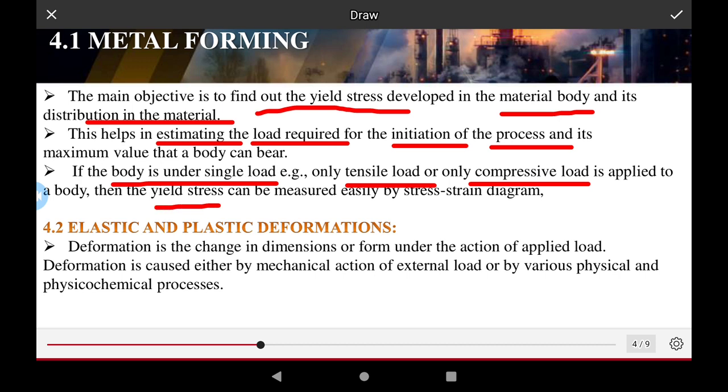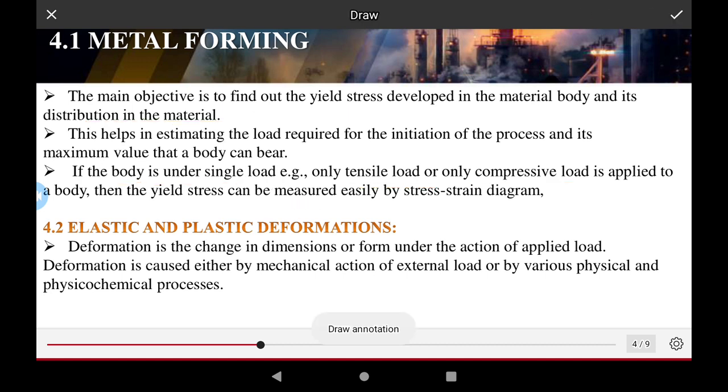The yield stress can be measured from the stress-strain diagram. Elastic and plastic deformation of the metal. Deformation is the change in dimensions under the action of the applied load on the metal piece.